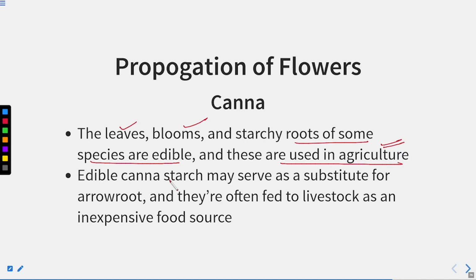Edible canna starch may serve as a substitute for arrowroot, and they are often fed to livestock as an inexpensive food source. So they are used as a food source because they have a lot of starch in them, and sometimes they are fed to livestock also.